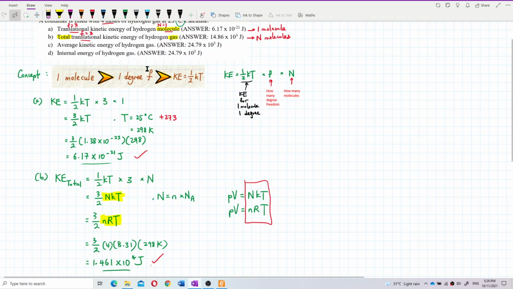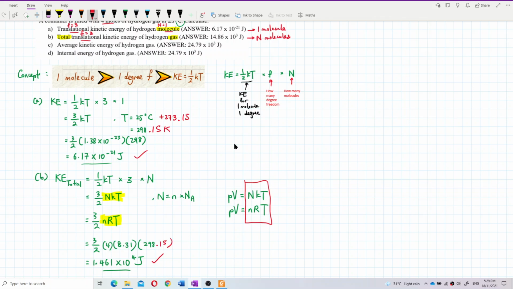The answer is a bit different because this time it used 273.15. The temperature here, he used 273.15, so the temperature becomes 298.15 Kelvin.